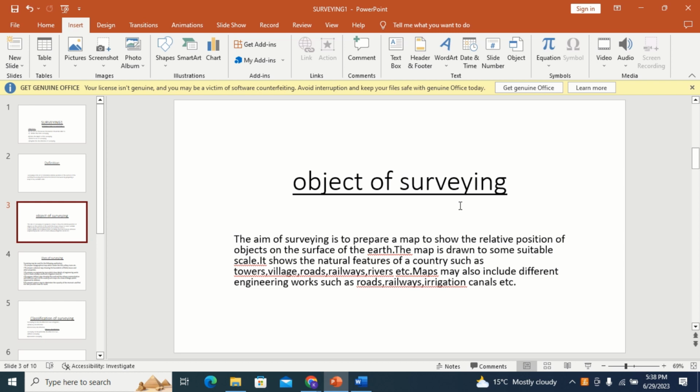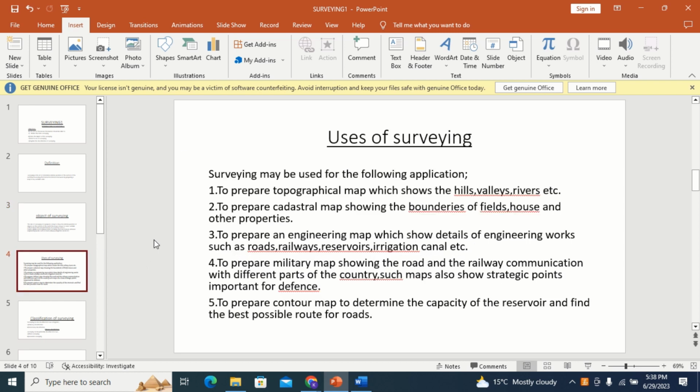So here the main object is just the purpose of why we are carrying out surveying. Now as you have seen the object of surveying, we want to look at the uses of surveying.